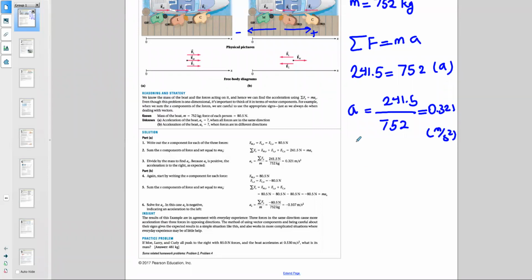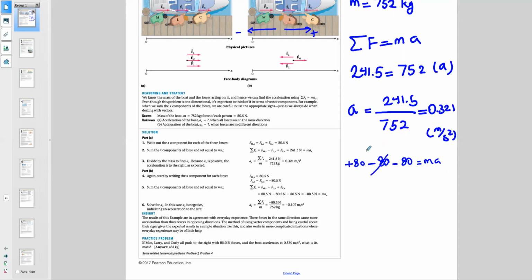We have a force of plus 80 to the right from this person, and then negative 80 and negative 80. Both of them are in the opposite direction of the plus one, so they are negatives. And then they are equal to ma.